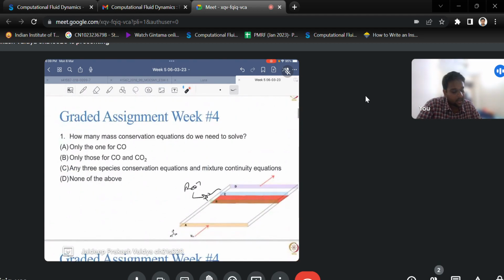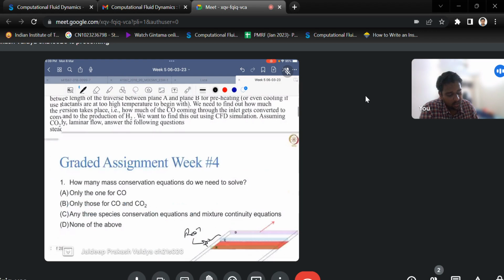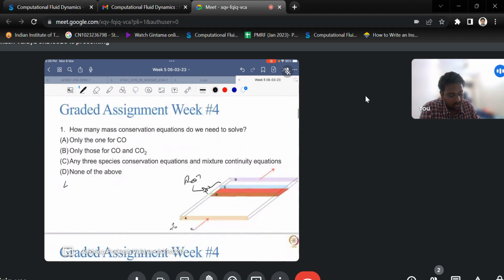The first question related to that is, how many mass conservation equations do we need to solve? So here we know that there are four species, which are CO, H2O, CO2 and H2. Therefore, the flow rate or the mass of these four species needs to be found out.